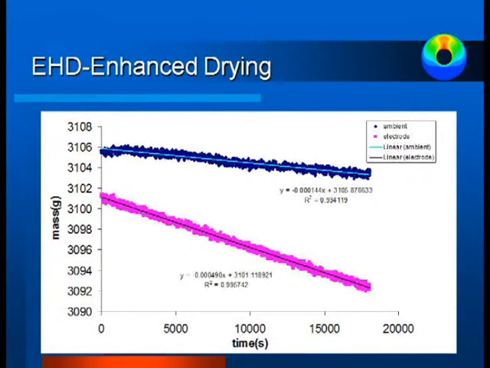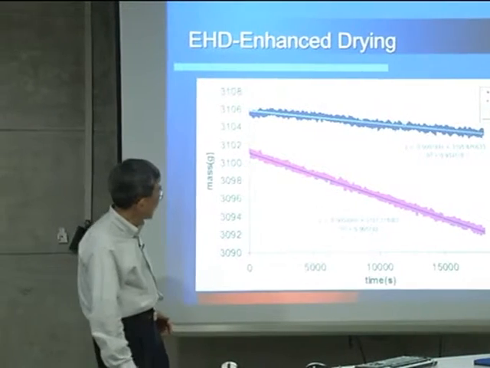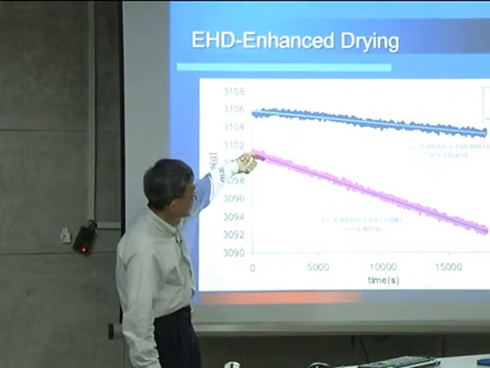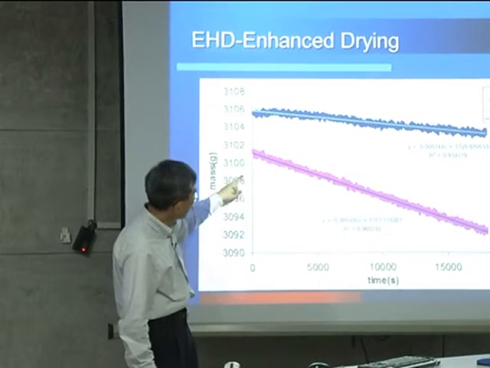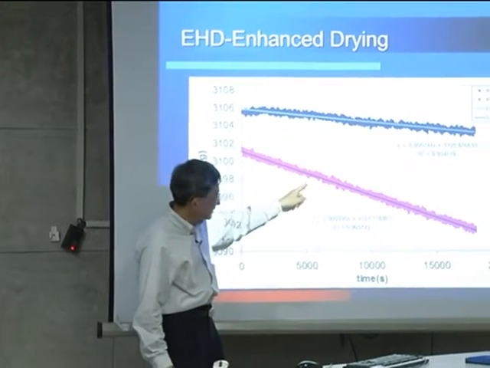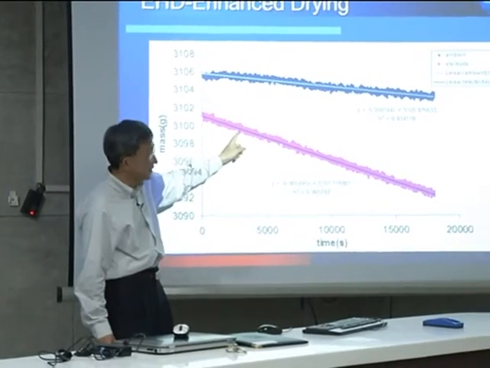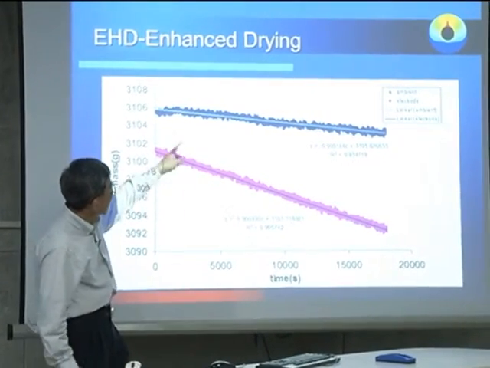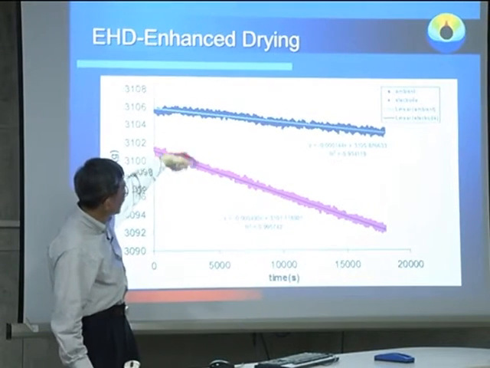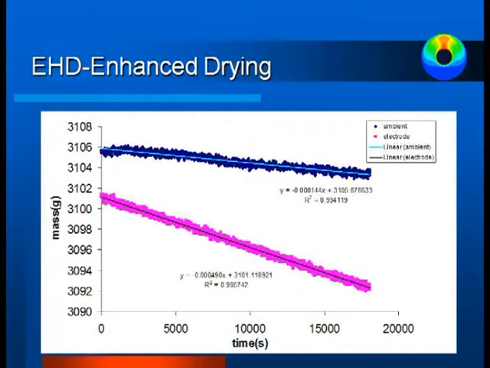And so to evaluate this drying enhancement, this is the result when we weigh the sample. And so you can see as the time goes, the weight decreases. So that means the water is being taken out, and this is ambient, and this is the one with the electrical field.